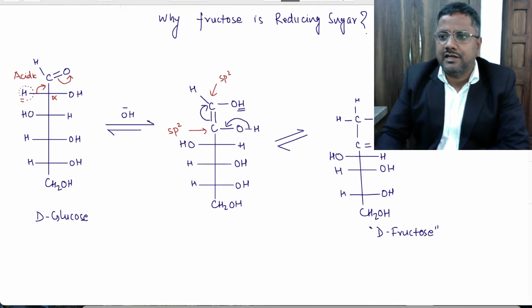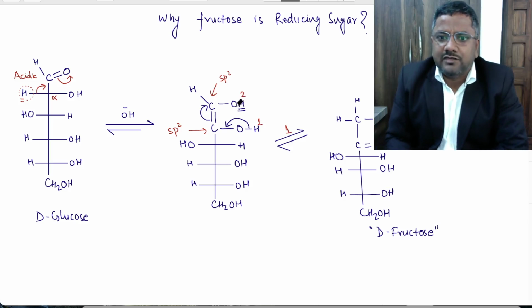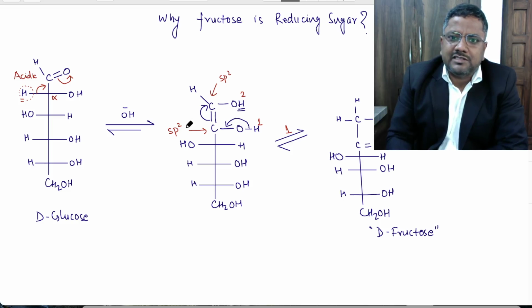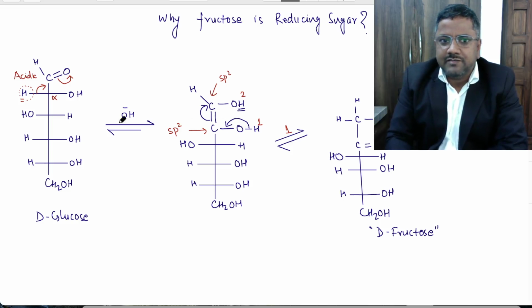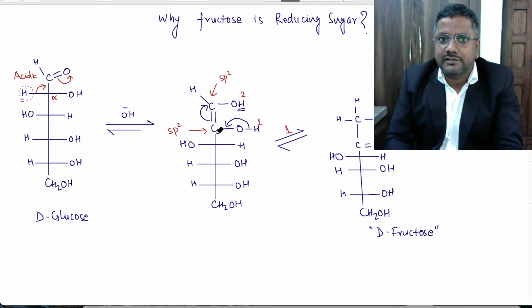So this is number one path, this is number one, and now I am writing this is number two. So if this hydrogen is involved, this bond will come here, so this OH may be this side or this side, right? So if this is on the same side, then you will get glucose, and if OH comes this side, then this is mannose.